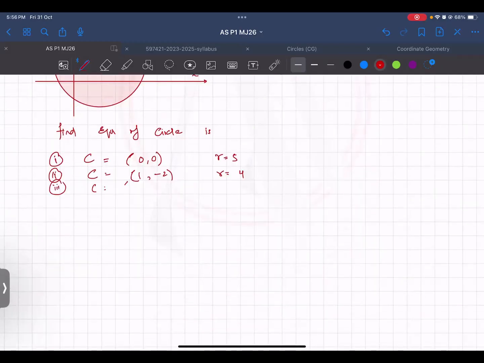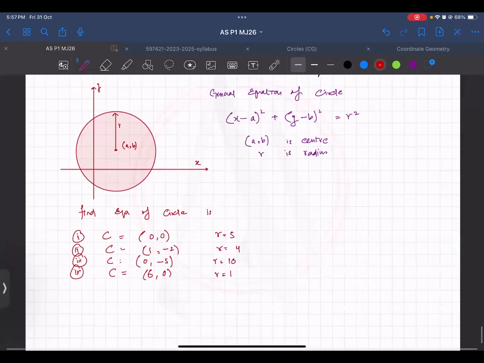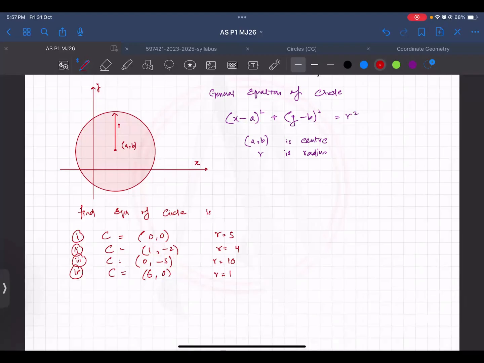Center is 0 comma minus 5, radius is 10. We will find these equations and then we will see on Desmos as well. And the center is 6 comma 0, radius is 1. We know the radius, we know the center, so we would just input them in the correct position and then find the equation.